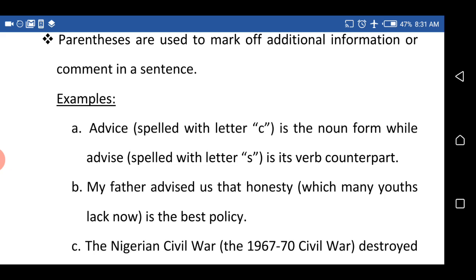You could as well say, my father advised us that honesty is the best policy. But you want to give some information. That's why it's included. It has to be included in the brackets.